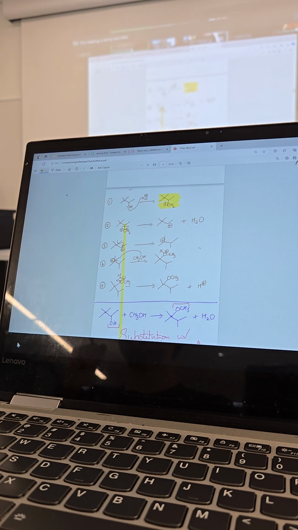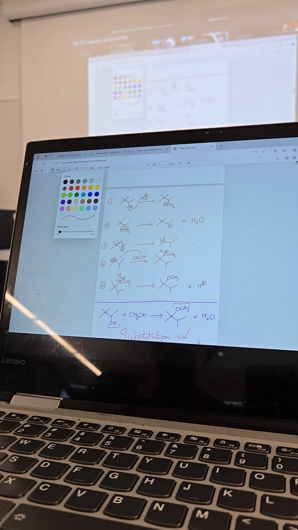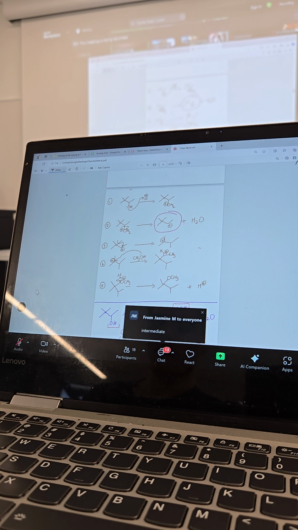Do you guys agree? Yes? Okay, then what is the role of this guy? Is that also an intermediate? Also an intermediate. It's the second intermediate, created in step 2, used in step 3.